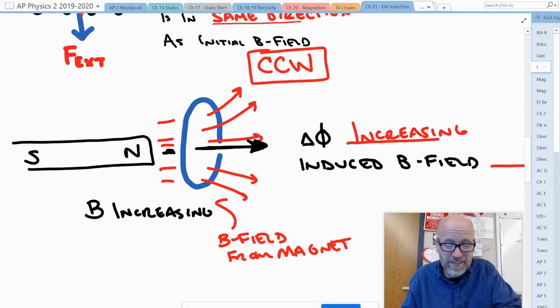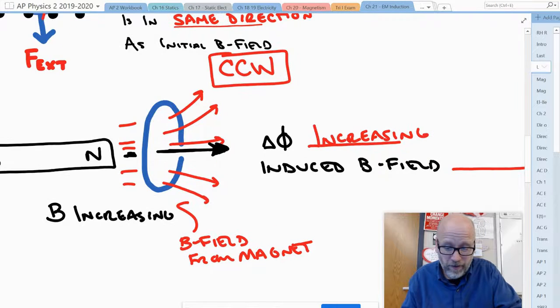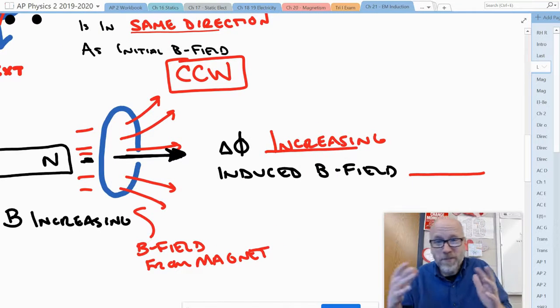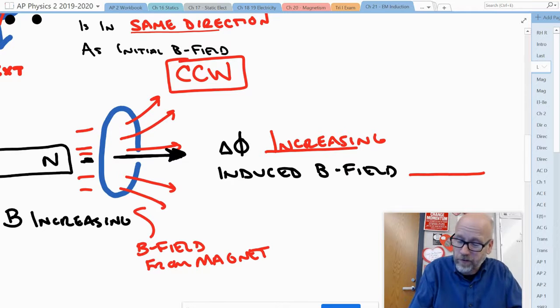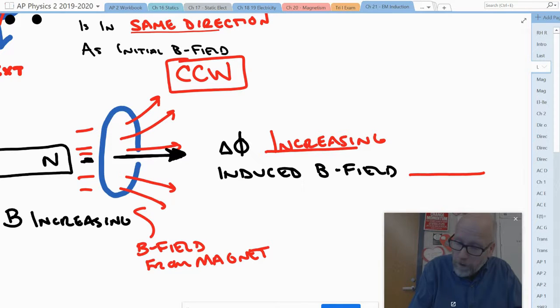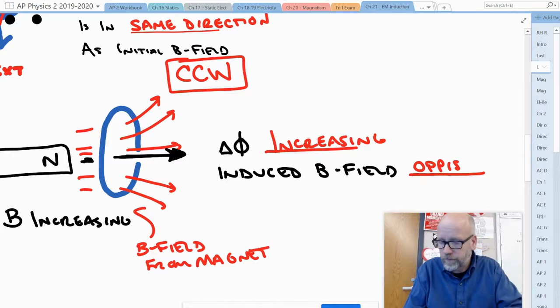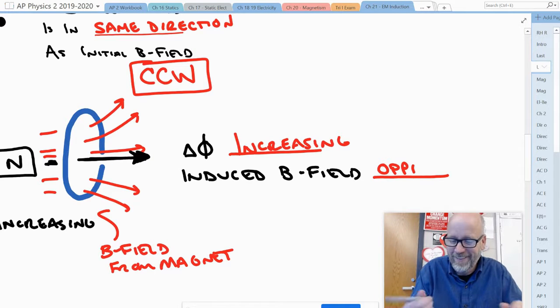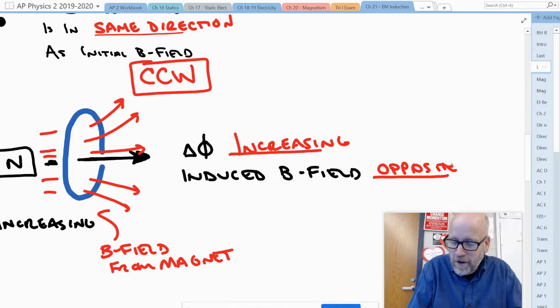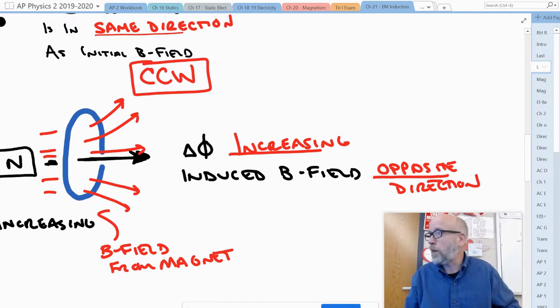If the flux is increasing, then the induced B field is opposite the change in flux. Therefore, it's going to be in the opposite direction. I can do Lenz's law, but I can't spell opposite.